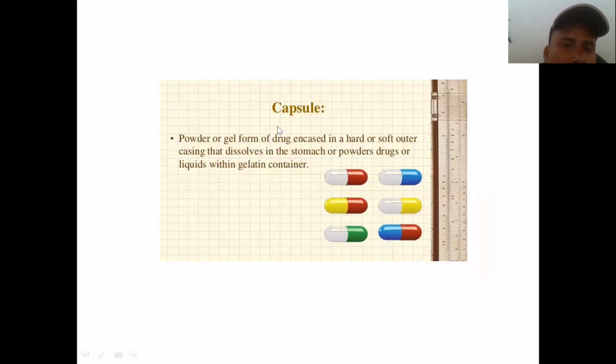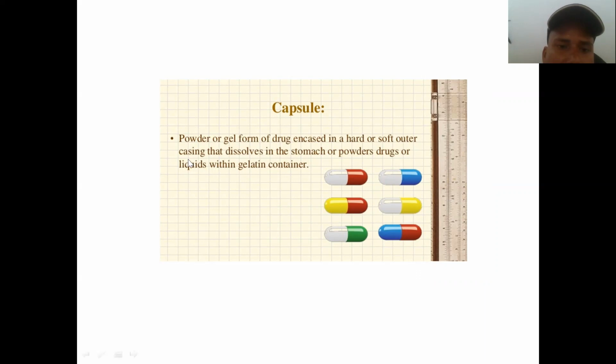You should know that a capsule is made up of two layers. One is gelatin, the external layer, and inside that there are three forms of chemicals. The nature may be powder or gel form, or it may be liquid in nature. So inside the gelatin, the drug molecule is present.